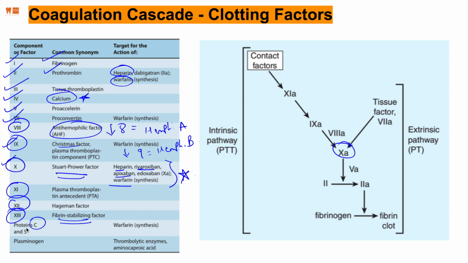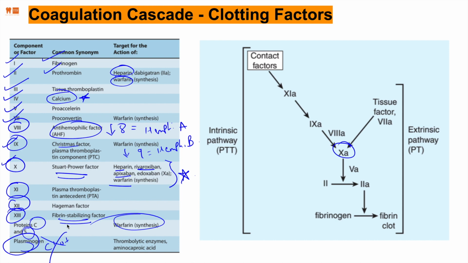And then we talked about protein C and S, where warfarin prevents their synthesis, therefore no clot formation. And lastly, plasminogen is a component of the coagulation cascade, which is responsible for breakdown of clot. So this plasminogen converting to plasmin, it hates the clot. It will break it down.